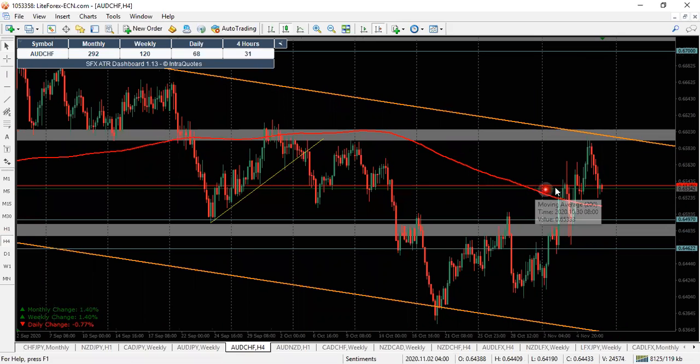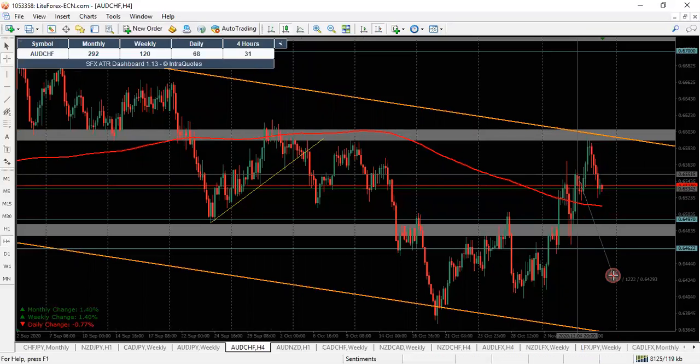By the time this candle comes back into this territory, you start shorting from this point, and your target will be 120 pips to the downside.